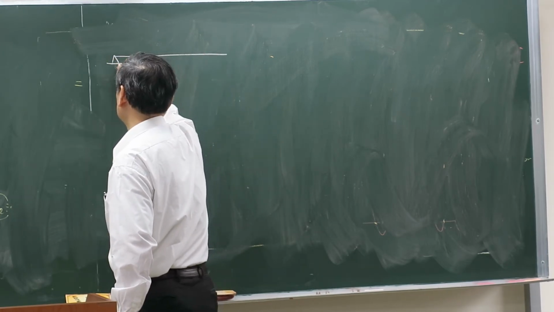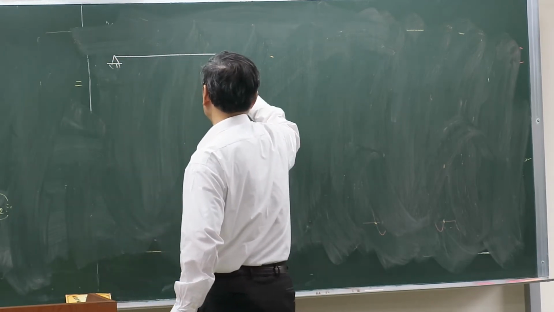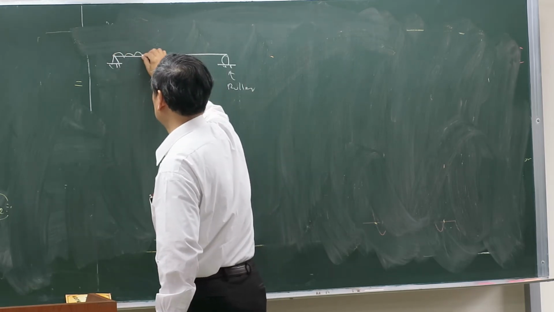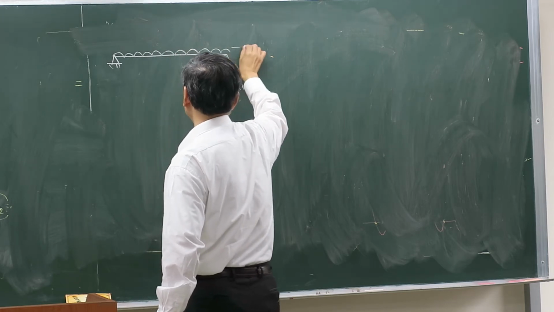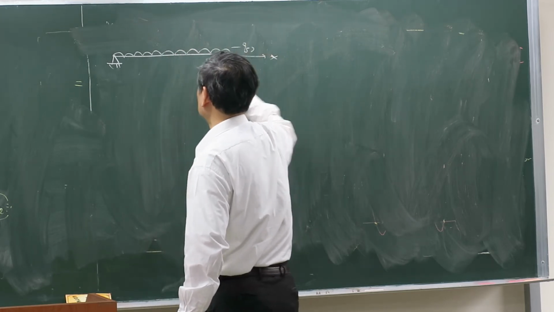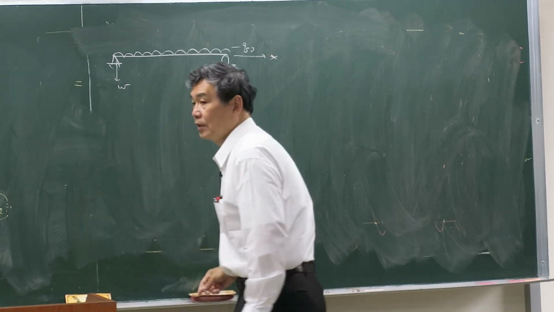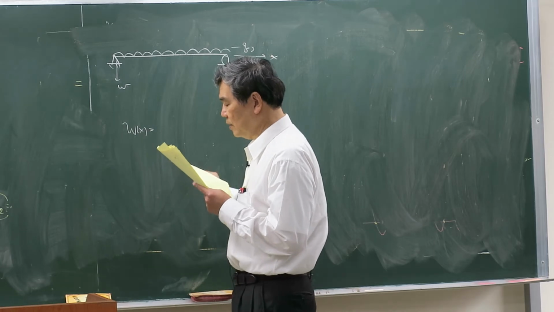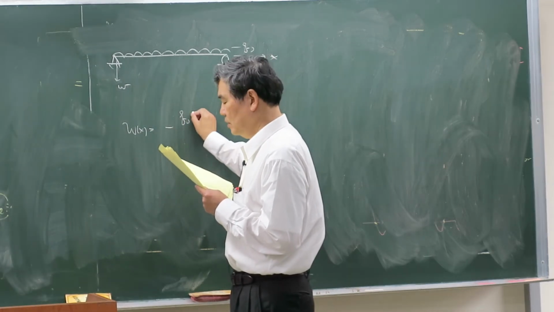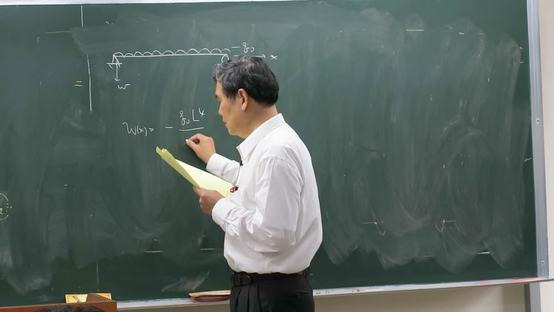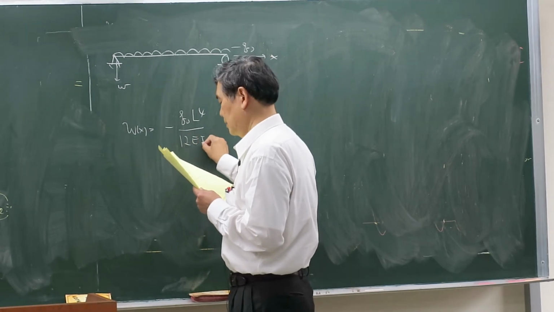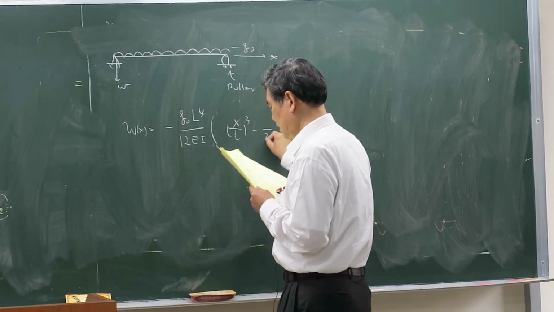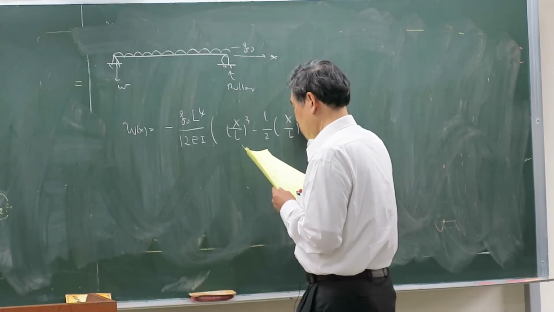For a beam with rollers, we have a uniform loading, and this is my W. And the solution for this roller is minus Q0 L^4 over 12 EI, times (x/L cubic minus ... half x over L).